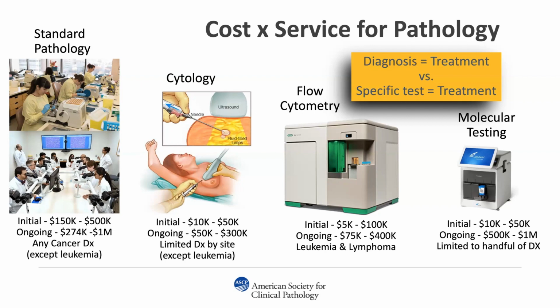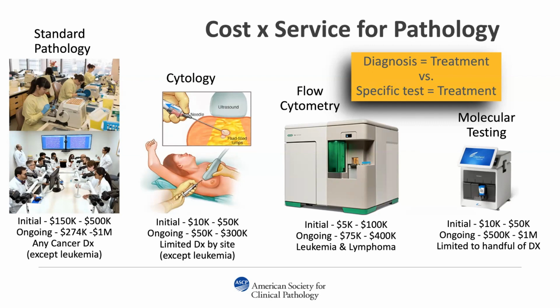The next group is cytology, much lower initial costs. These initial costs are really related to ultrasound and all the tools that you need. The ongoing costs are pretty low depending on your volume. But again, as we said, you're limited by site, and we can't diagnose leukemia with only cytology. We need to have flow cytometry.